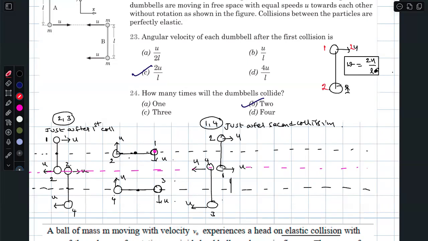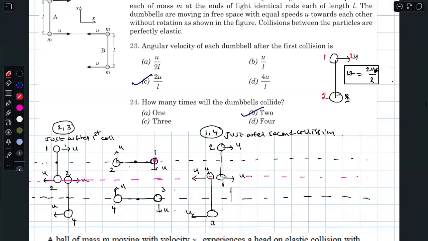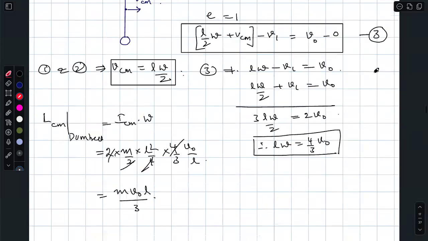Just before first collision, what is the angular velocity? Zero, because there is no rotation, purely translation. Just after second collision, what is the angular velocity? Zero. Clear? Right. We'll move on to the next question.